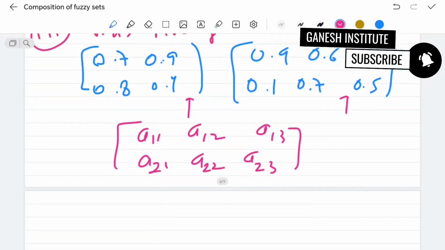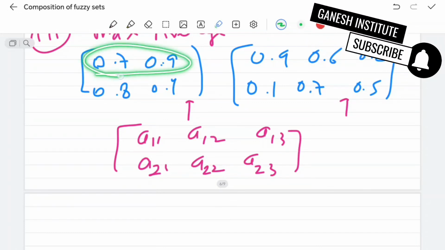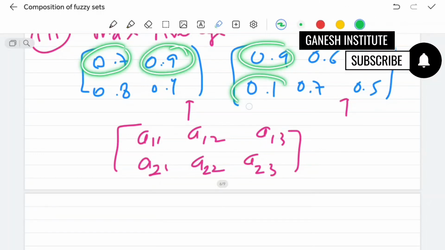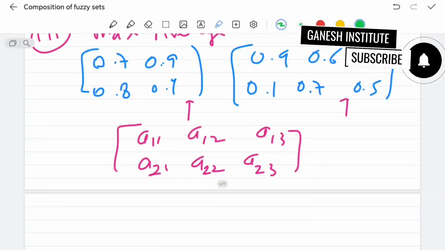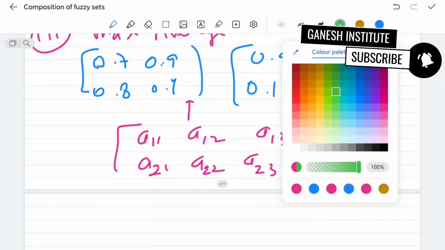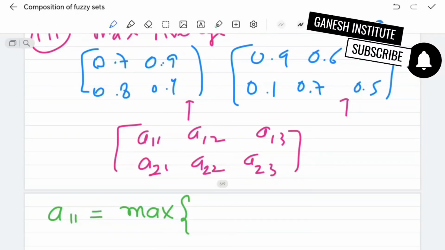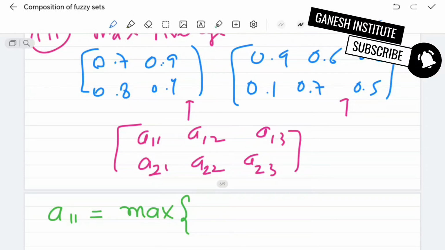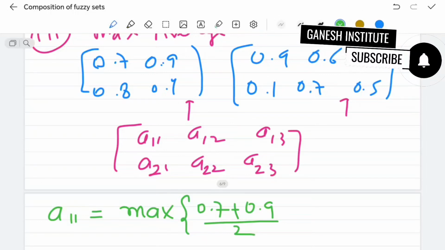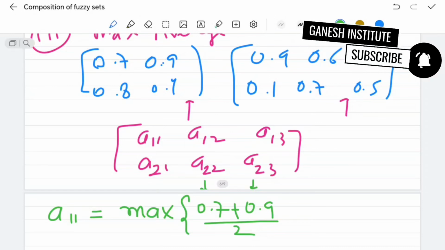Okay, so firstly average of 1, 1. This is first row, first column. So average of 0.7 with 0.9, average of 0.5 and 0.1. So A11 will be maxima of average of first row, first column. You know what is average? It is mean. Mean is sum of observations upon total. We have two values here, so we are dividing it by 2.